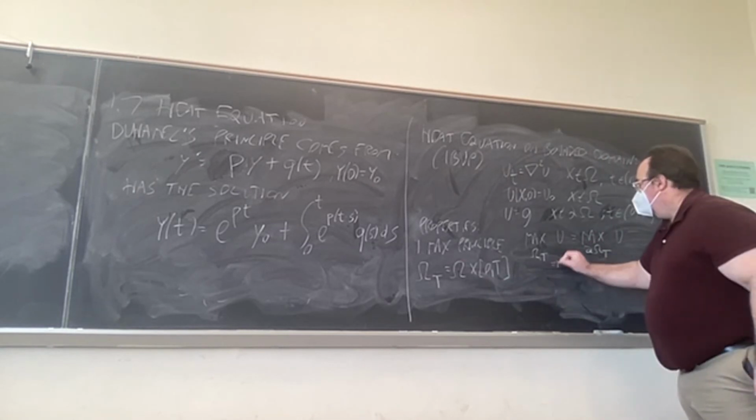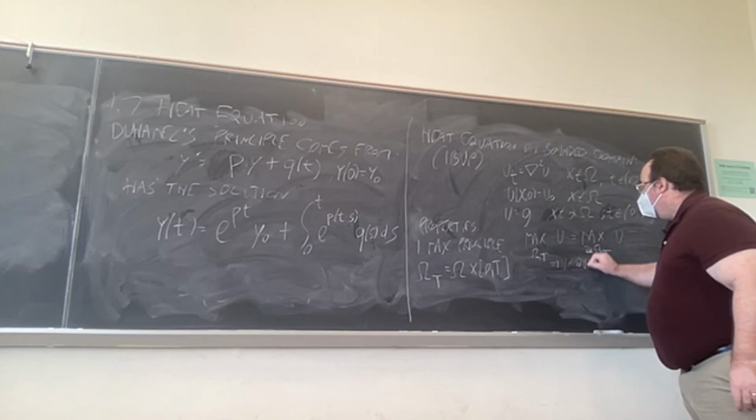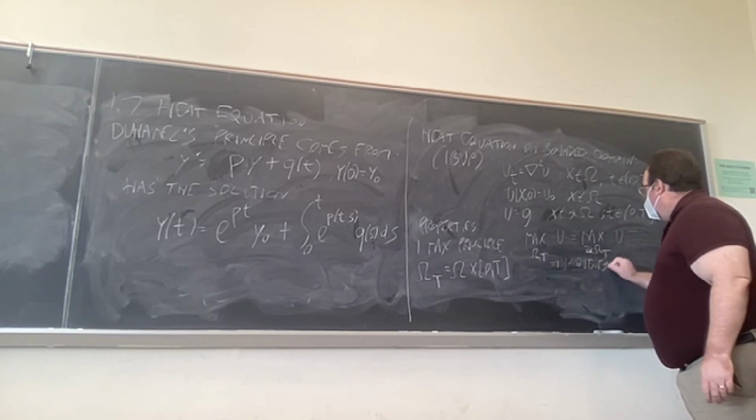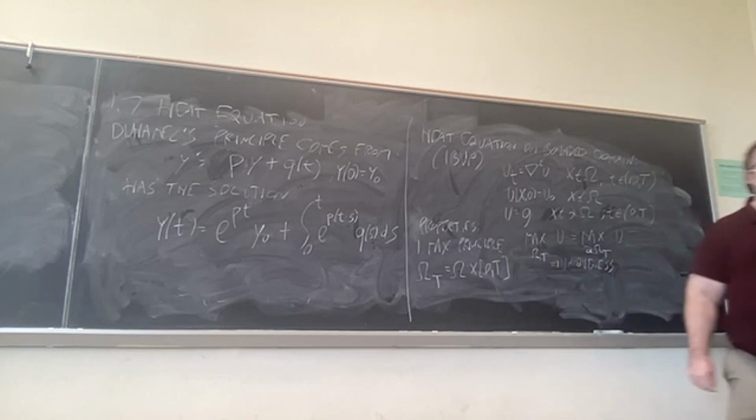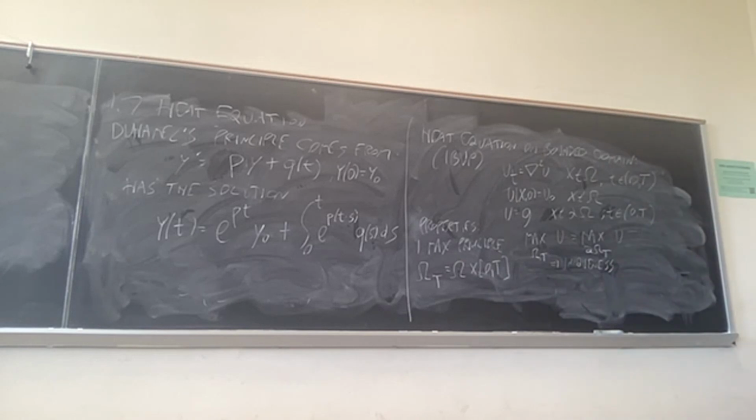And that leads to uniqueness. Just like Laplace's equation, you can apply the maximum principle to minus u to get a minimum principle. So if you have two solutions with the same initial data and same boundary data, you take your difference, which is 0 on the boundary in space and time.